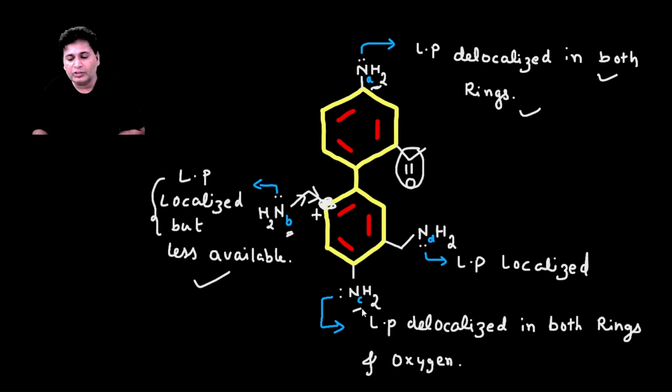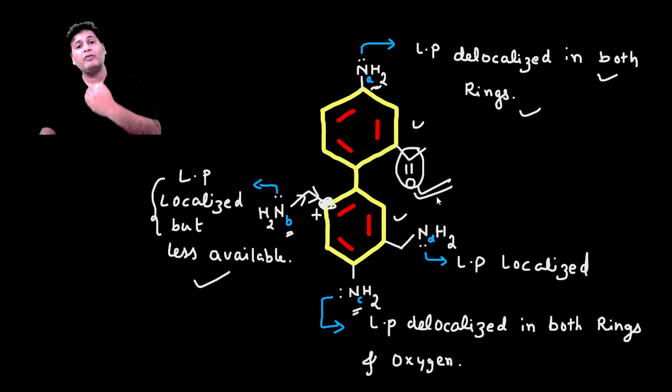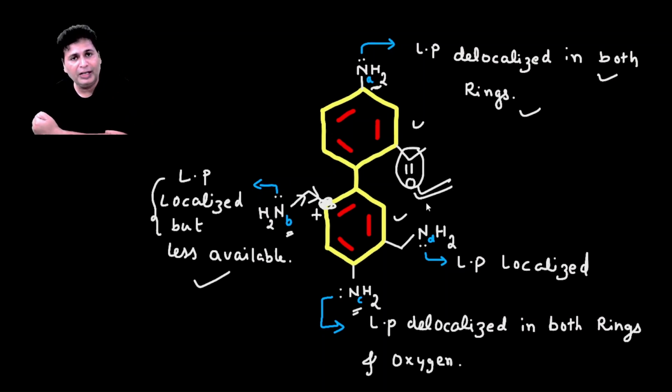If you talk about C, again the lone pair is going to delocalize in both the rings, and apart from these two rings, the lone pair will sit on this oxygen also, and you have more ways to delocalize the electrons in case of C in comparison to A. So higher the delocalization, lower the basicity.